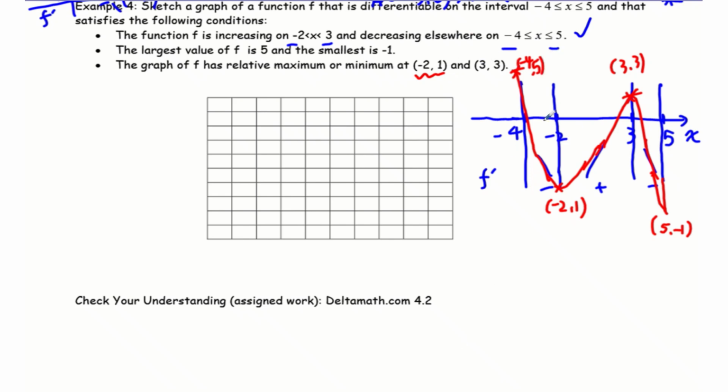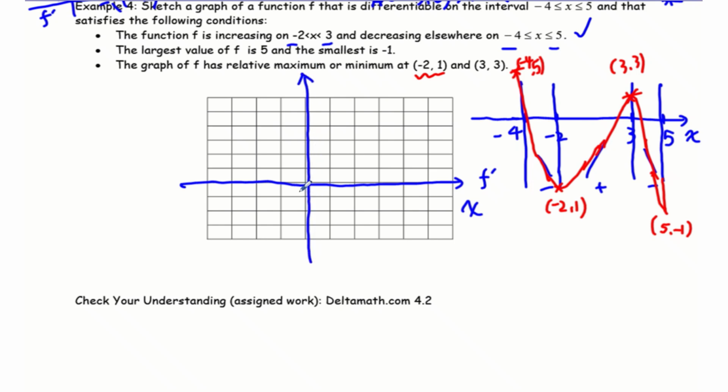Now we are going to move to this one here. So we draw the x-axis here. Then from -4 to +5, we may just draw the y-axis here.